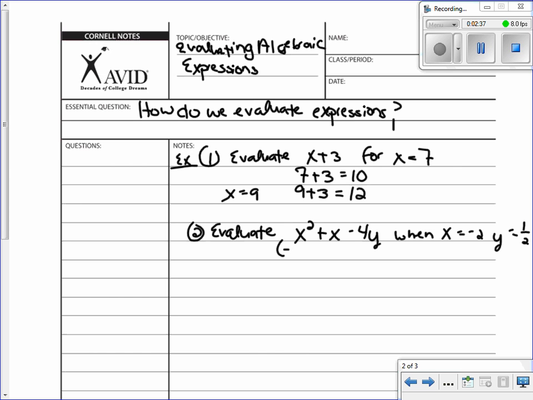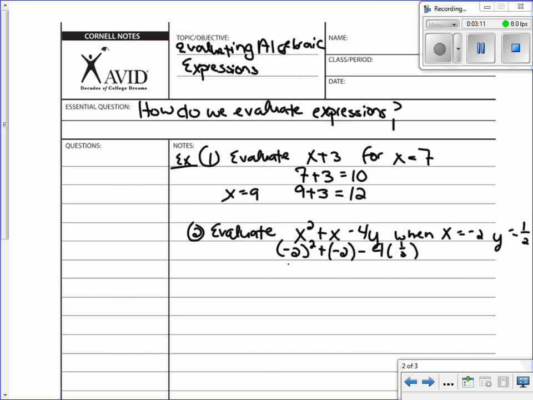So we're going to write parentheses -2 squared plus parentheses -2 minus, now I'm going to take the term 4y, and the problem is telling me that y is equal to 1/2. So instead of y, I'm going to substitute 1/2. So I have minus 4 parentheses 1/2. So whenever we substitute, we're going to use parentheses.